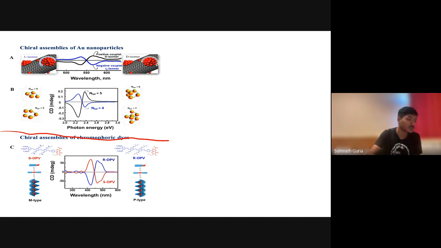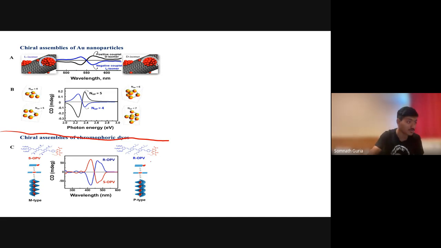Similarly for ROPV, because this center is the chiral center. Depending on this chiral center, we give R and S, and this ROPV is exactly making a P-type helical structure, which is opposite to the M type, and which is also found in the CD spectrum.